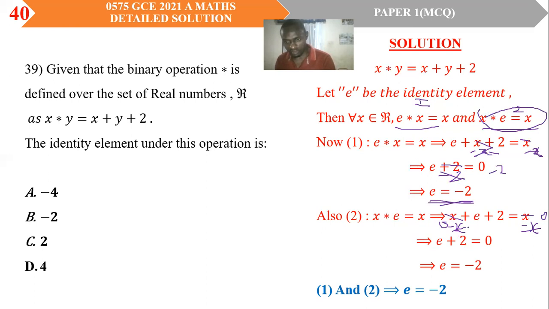So E plus 2 is left on this side and 0 on the other side. Now to find E, we subtract 2 on both sides. These two cancel because it gives 0, and we are left with E on the left hand side. 0 minus 2 is -2. So 2 also gives E to be -2. 1 and 2 imply E is equal to -2, and therefore, -2 is the identity element. Answer B.